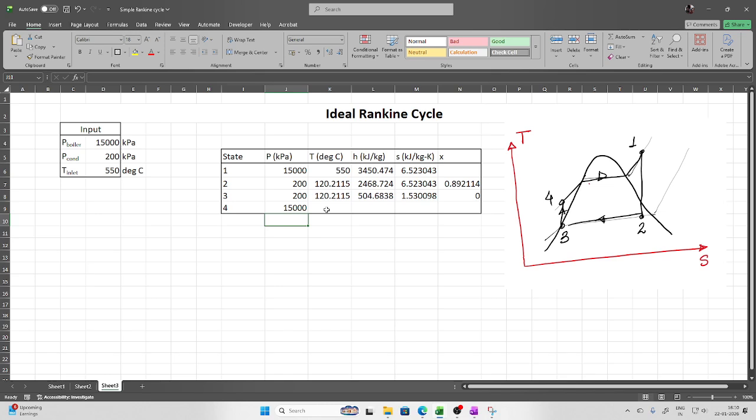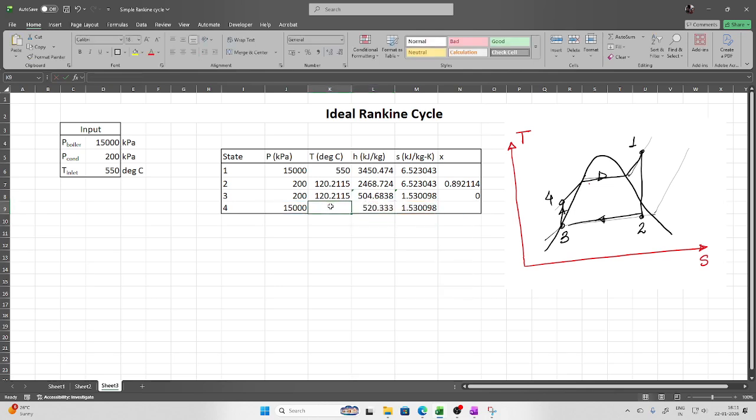Once this has been done, then the entropy should be the same as the entropy of point number 3, and then you can find out the temperature, enthalpy, whatever you want. So this is enthalpy based on, let's say, pressure and entropy for water. This is pressure, comma, entropy.